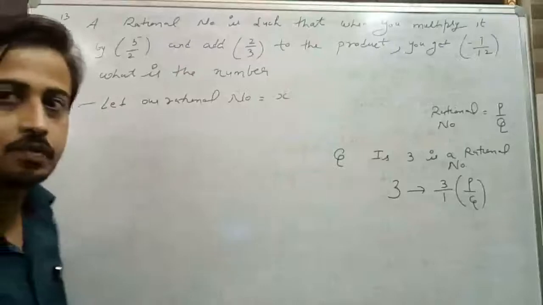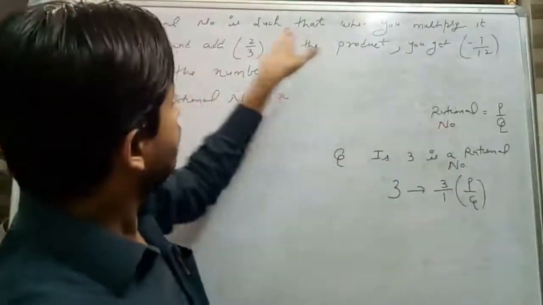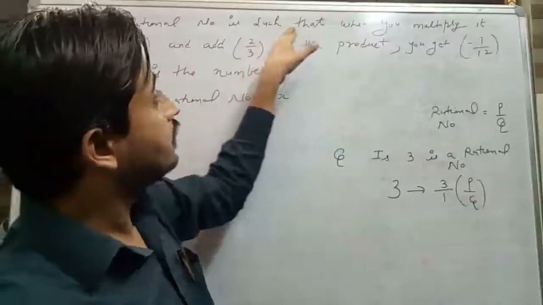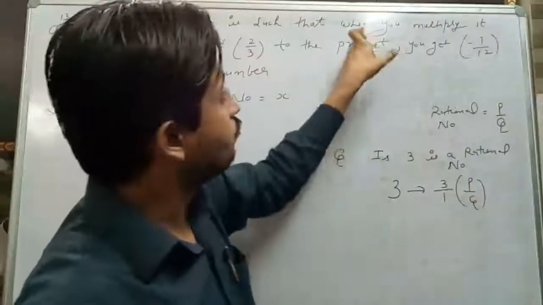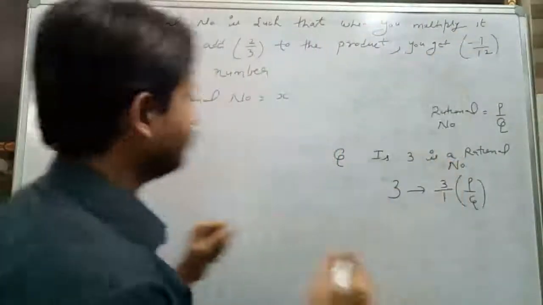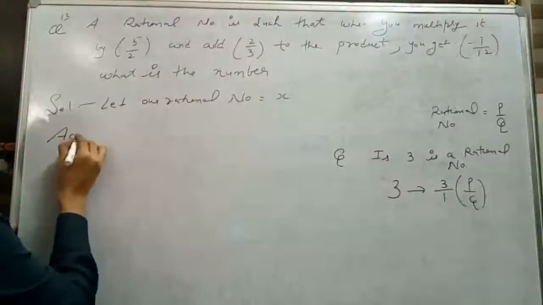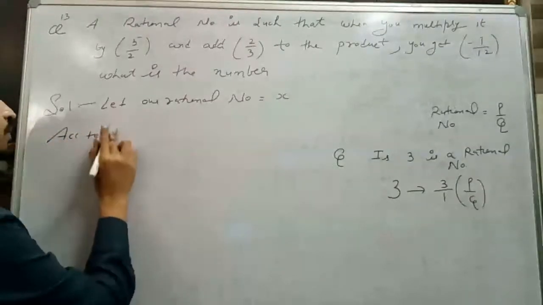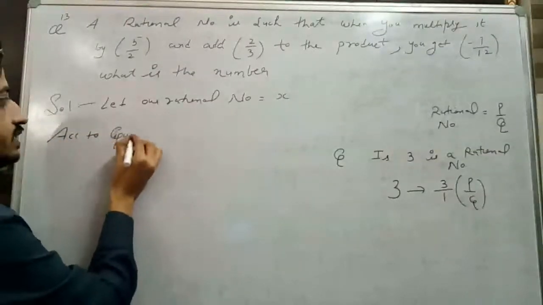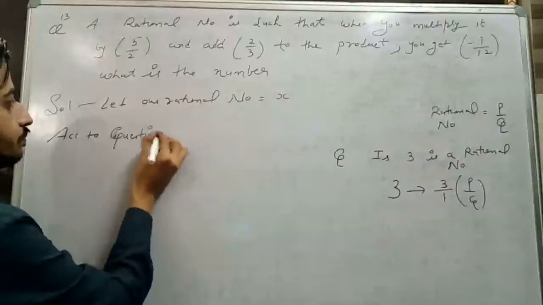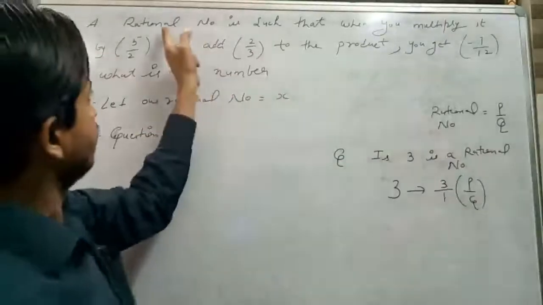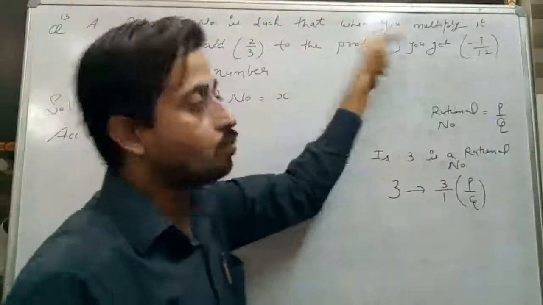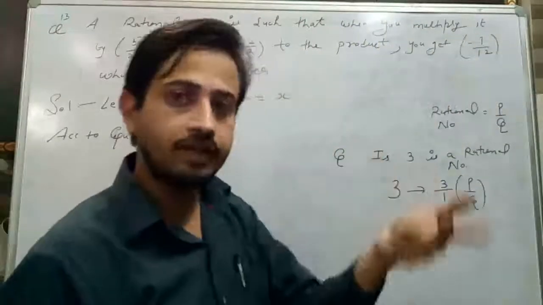Now read the statement very carefully. What does it say? The rational number is such that when you multiply it, according to our question, we have to multiply it.